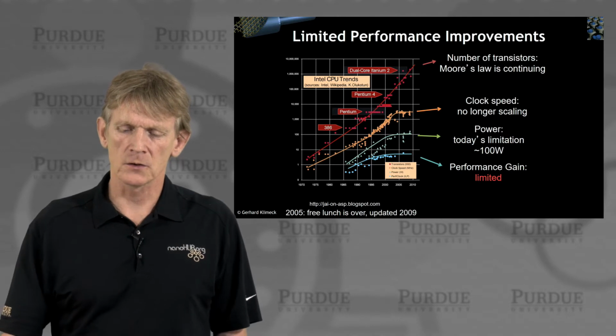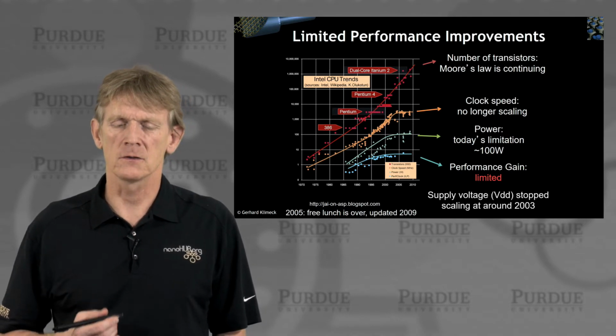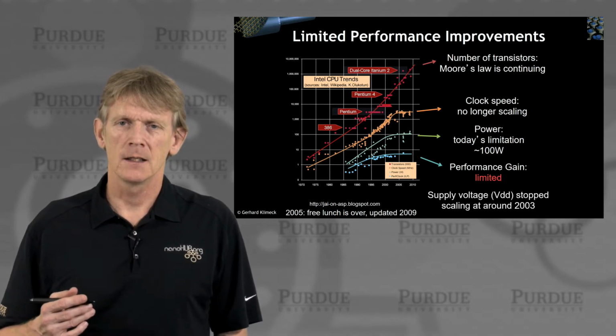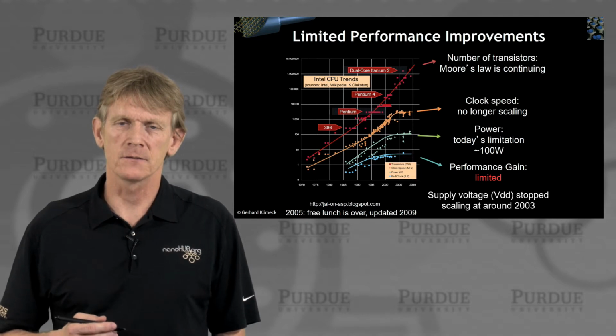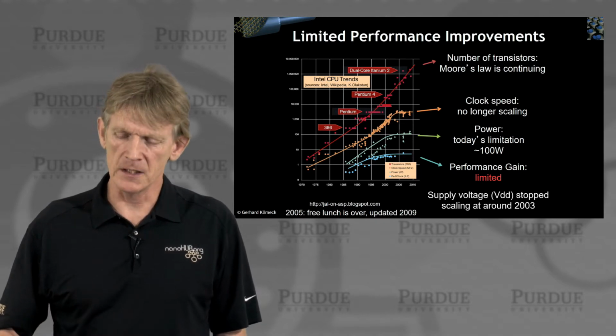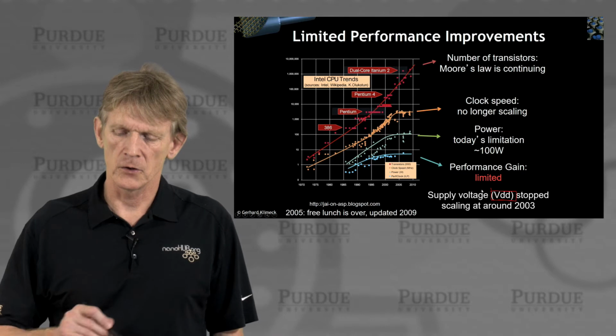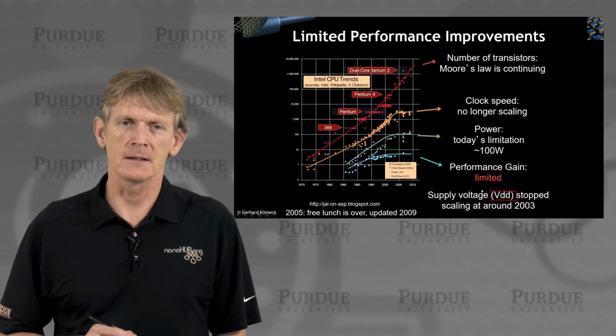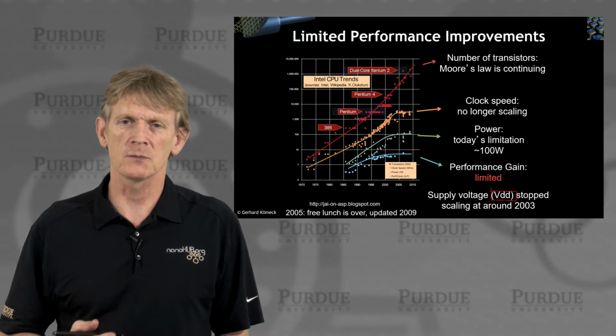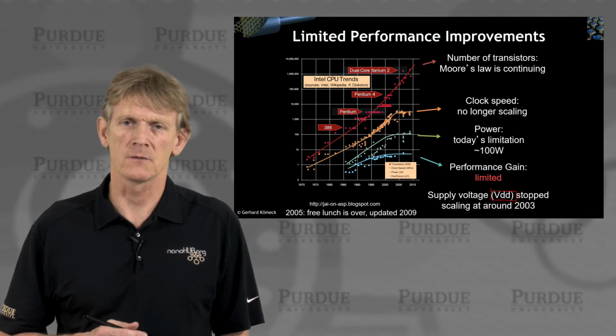Now, what's so special about this 100 watt? And that's in the context of VDD, the total voltage that is applied in the circuitry, which has stopped scaling, meaning becoming smaller, since around 2003.